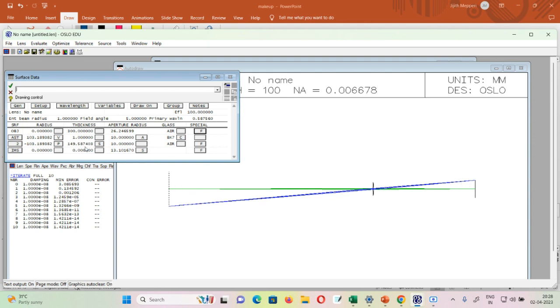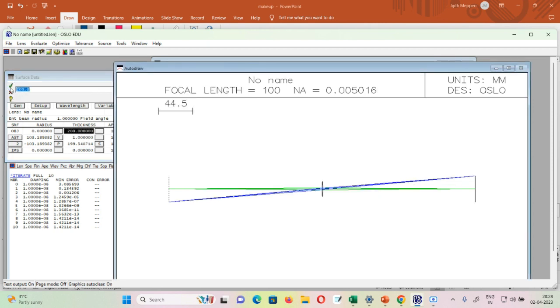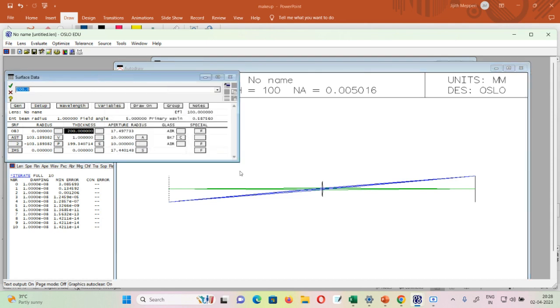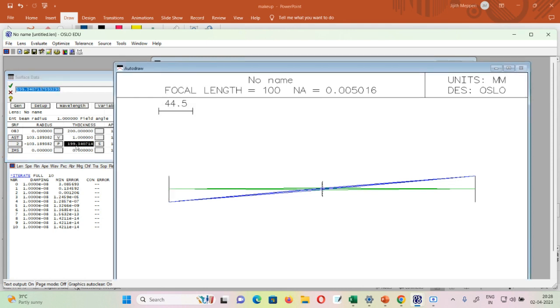Okay, now we want to put the object at 2f. 2f means around 200. See? So the object is at 2f, and you can see that the image distance has changed to 199.34, almost 2f.